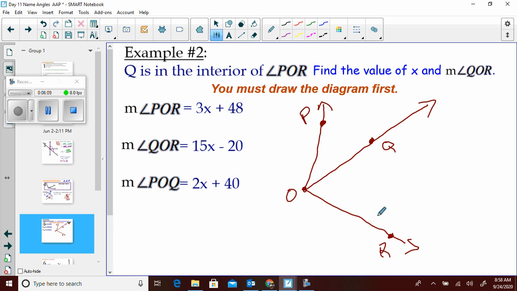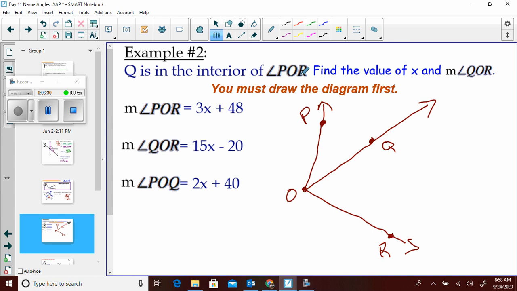So we've drawn our diagram. We have angle POR and we have Q in the interior. Now let's take these values and label them. The measure of POR: when you put an M in front of the angle, this says the measure of angle POR. Whenever it's the measure, it's because it's giving you a value. It has a value.